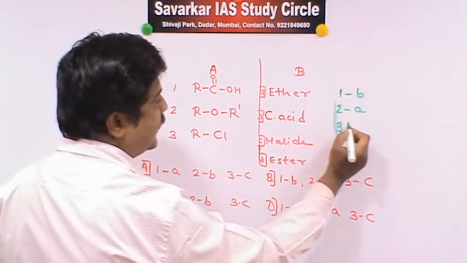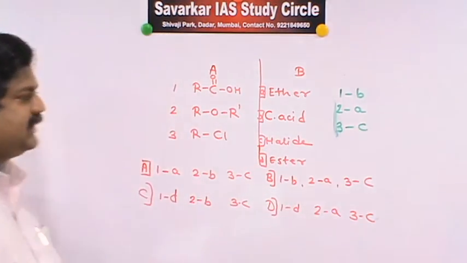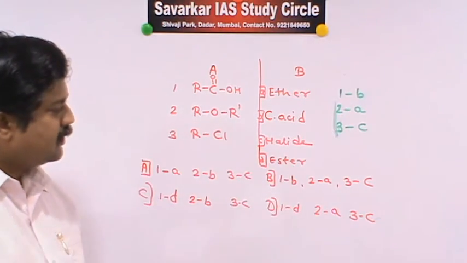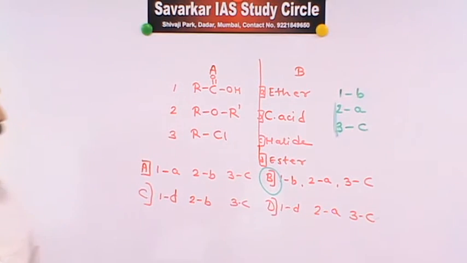Here a halide is present, so third goes with C. So 1B, 2A, 3C. Check, it is option B, and so the right answer here is B, that is 1B, 2A and 3C.